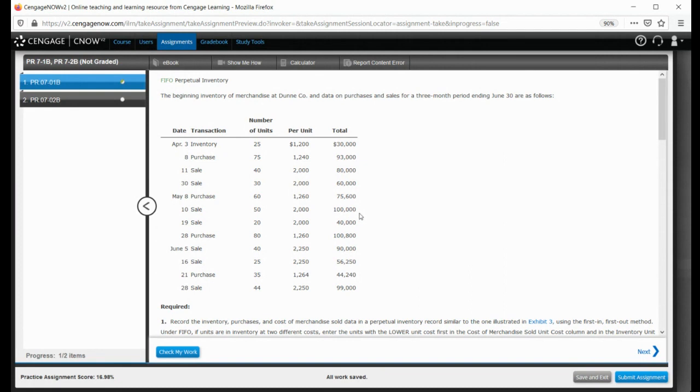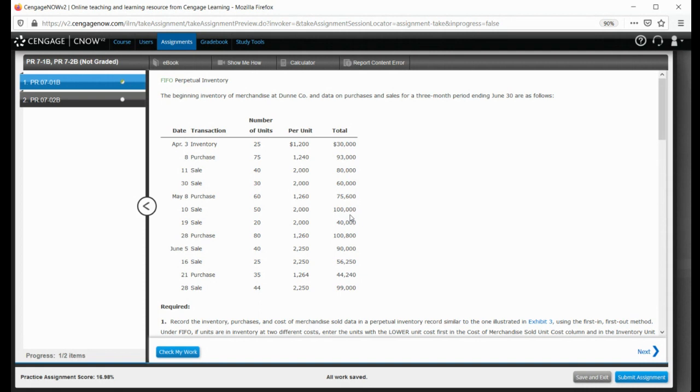We would record the sale amount in the journal. That would go in the general journal, and that journal would debit accounts receivable and credit your sales for $100,000.